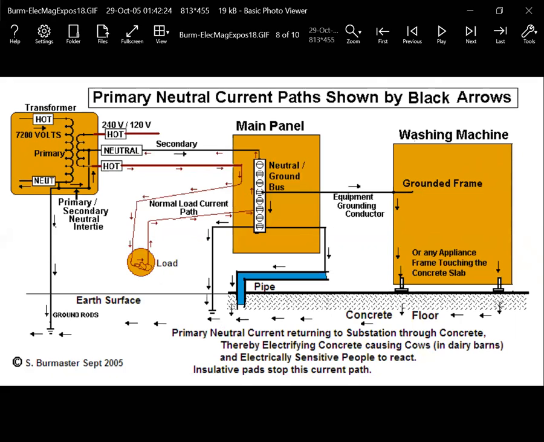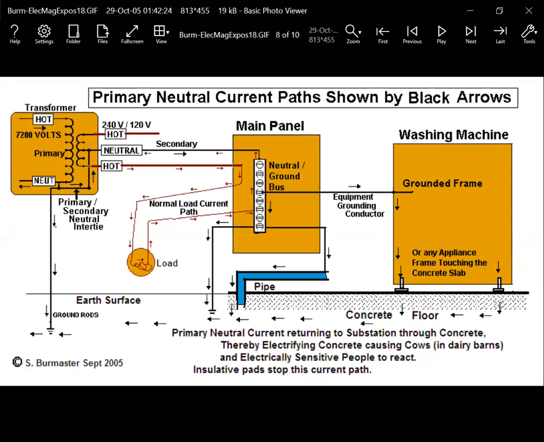But in the real world, current takes all available paths, and one path is to go down here, into the dirt, over to here, come up the ground wire out on the pole and get back. Or it could go out here, go through the frame of the dryer, down to the metal feet, because the dryer is sitting on the concrete, and concrete is a conductor, so it can flow through the concrete into the dirt, from the dirt going over to here.